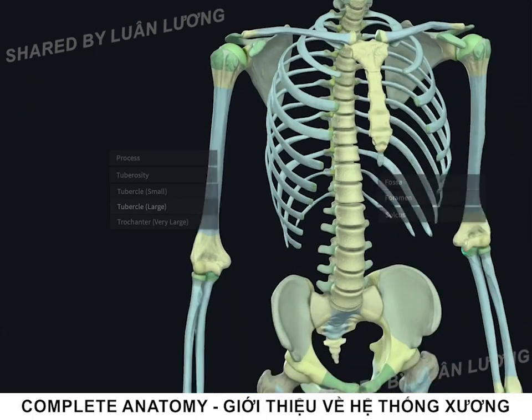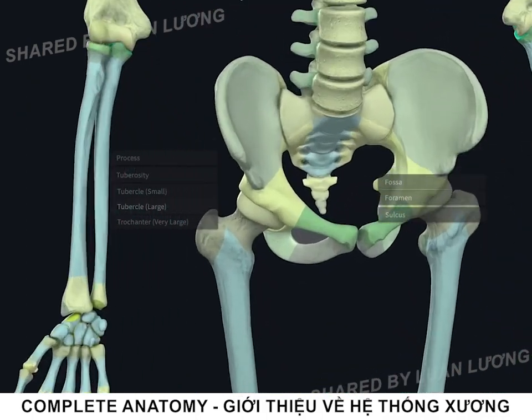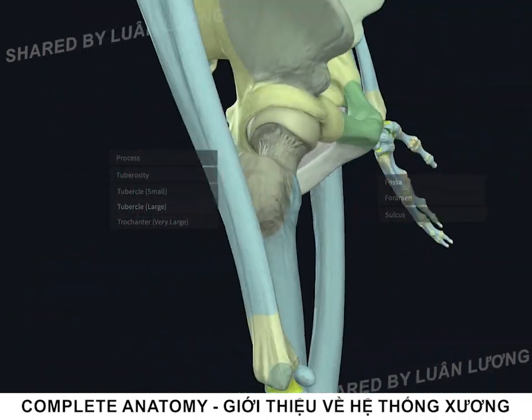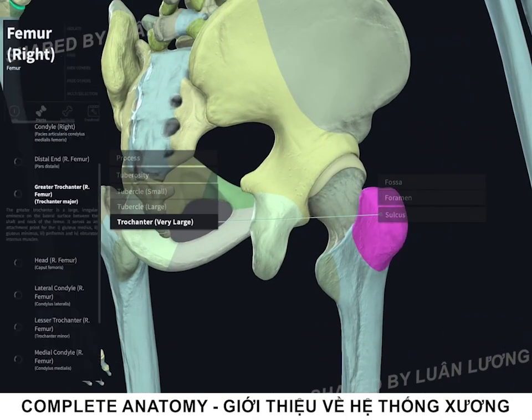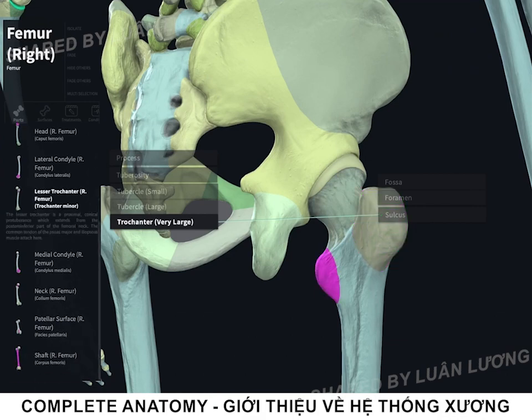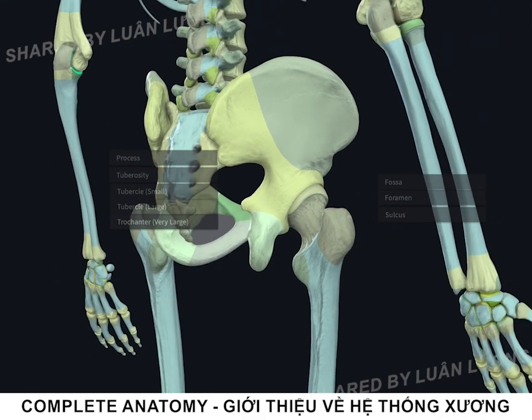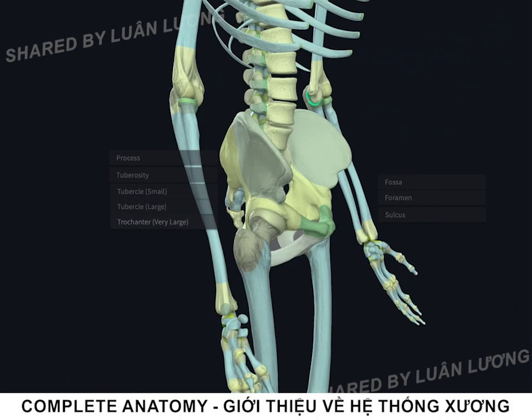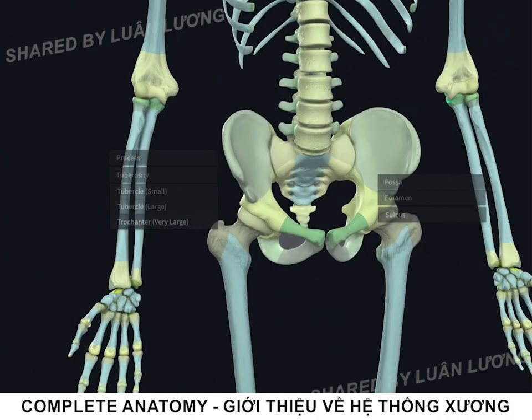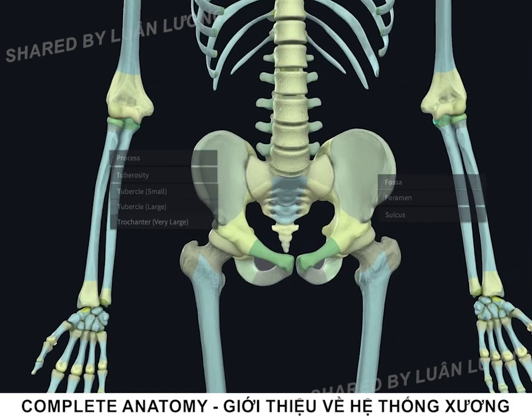Now, we're also going to get very large extensions or prominences of bone that are known as trochanters. So here on the femur, we're going to see a greater and a lesser trochanter. Now, not all of the bony landmarks are going to be for muscle attachment. For example, some of these are going to be depressions in the bone.